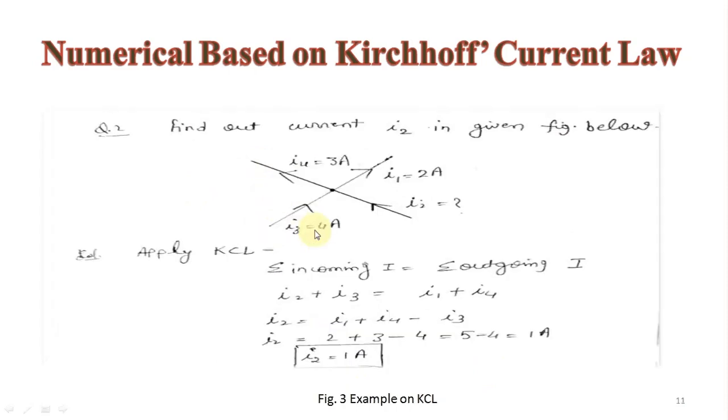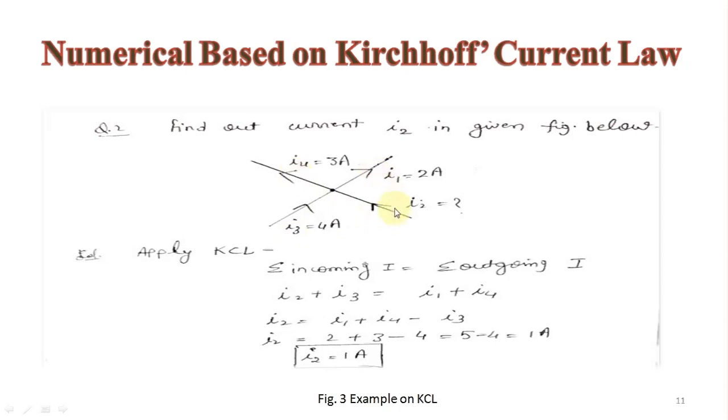This is our second numerical, and in this numerical we want to find the value of current I2. The same assumption we apply: incoming current is taken as positive and outgoing current is taken as negative. In this figure, the incoming currents are I2 and I3 and the outgoing currents are I1 and I4.